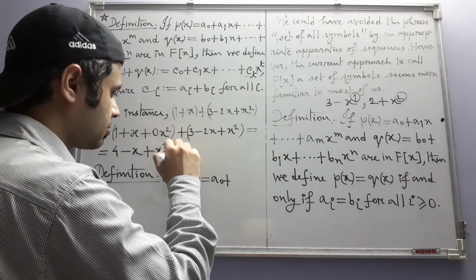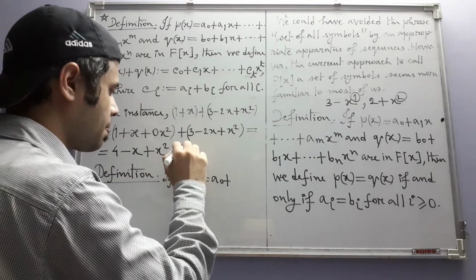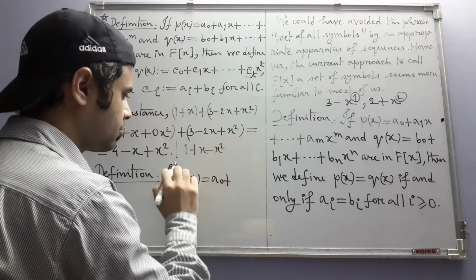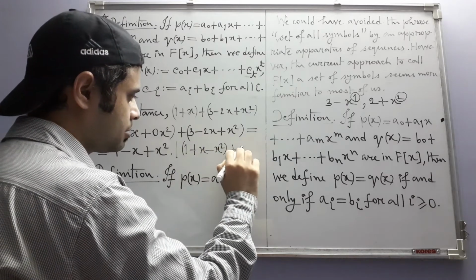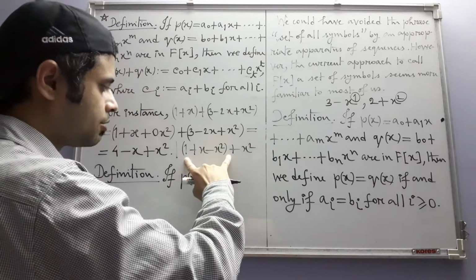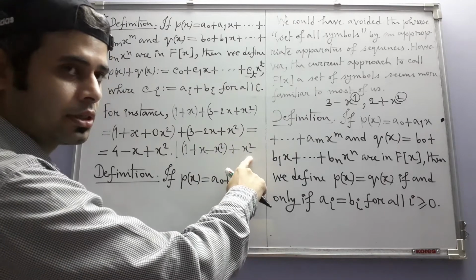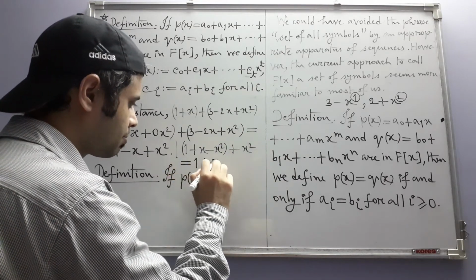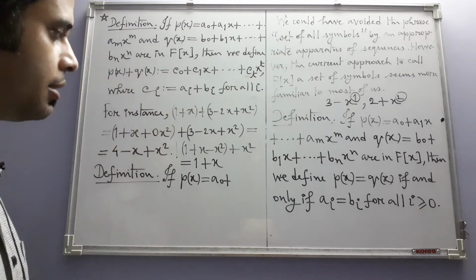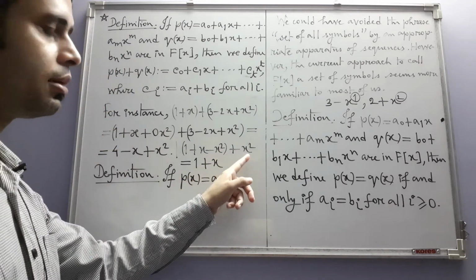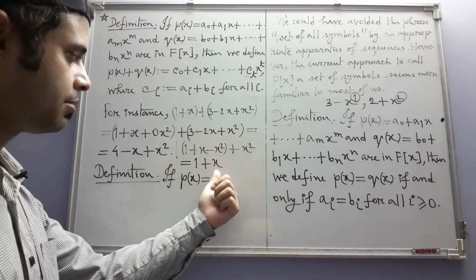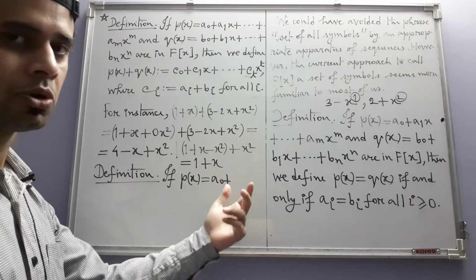For that you can consider this example. 1 plus x minus x square plus x square. So this is your px and this is your qx. The sum is 1 plus x. So you can see that although 2 is the largest one which appears in both the polynomials, the sum has 1 which is smaller than 2.